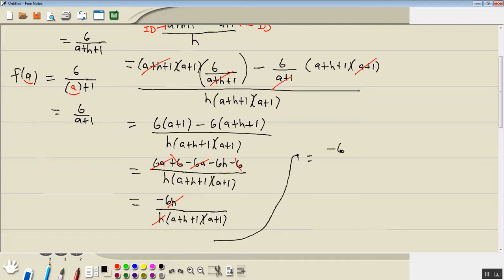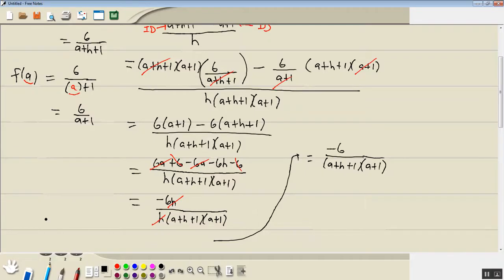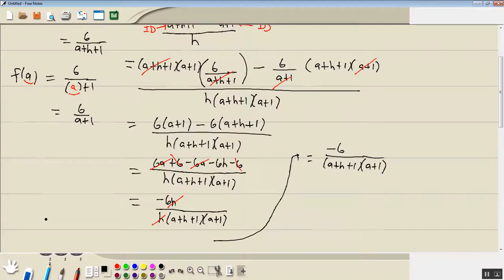So we're going to have negative 6 over a plus h plus 1 times a plus 1.